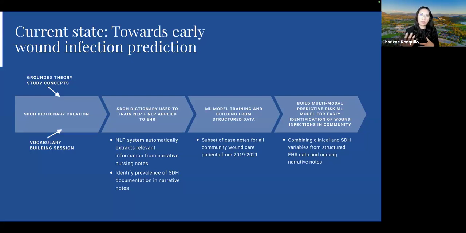Does it make the prediction of wound infections better if we incorporate the text data from nurses that talk about social determinants, that talk about these more nuanced ways of understanding wound infection? Or maybe it doesn't, but we won't know until we figure that out. Other studies that have done similar steps have shown that yes, adding the text data does make a difference in improving performance in particular.